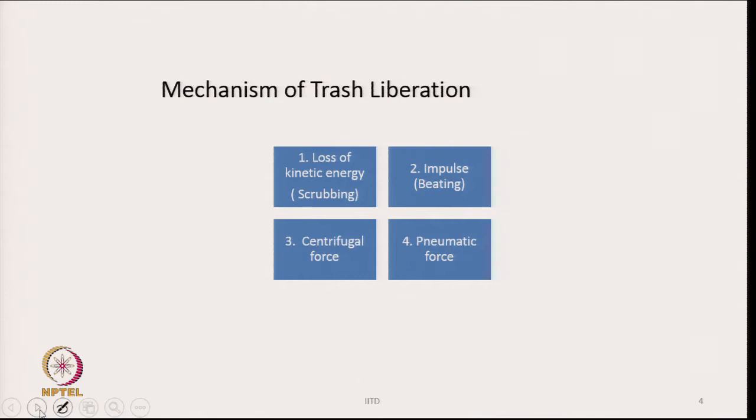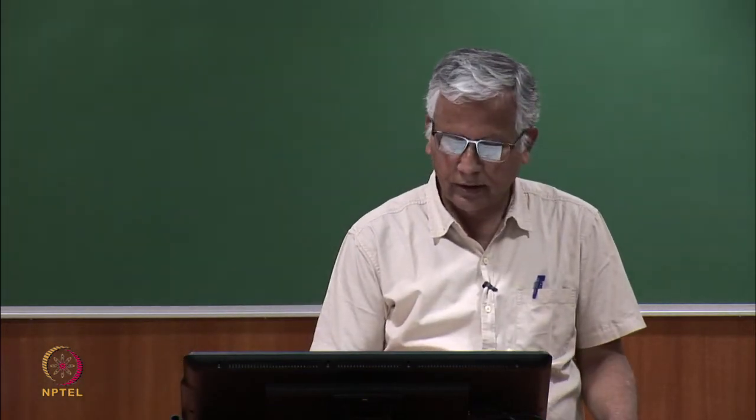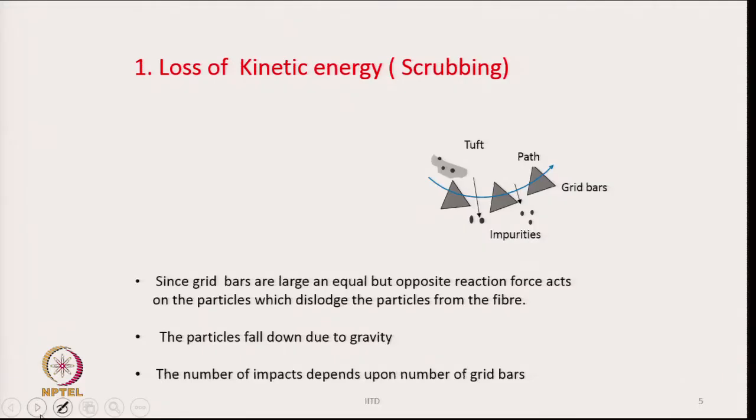The third is application of centrifugal force, and the fourth is through application of pneumatic force. These are the four different mechanisms which are working in the machines that have been designed for the mechanism of trash liberation. Now, we will discuss them one by one. First, loss of kinetic energy.